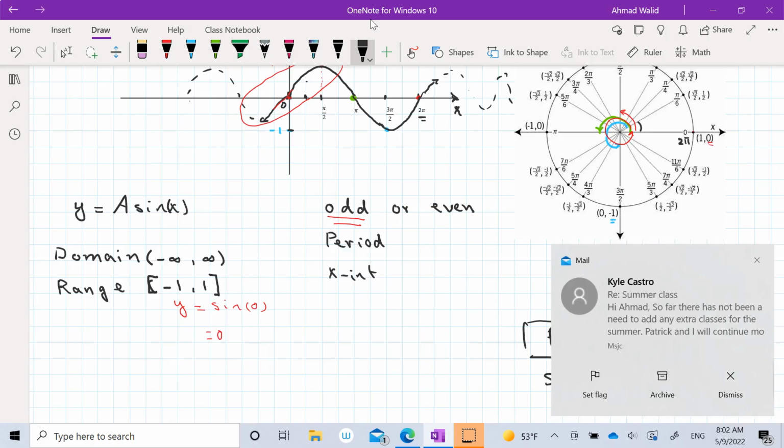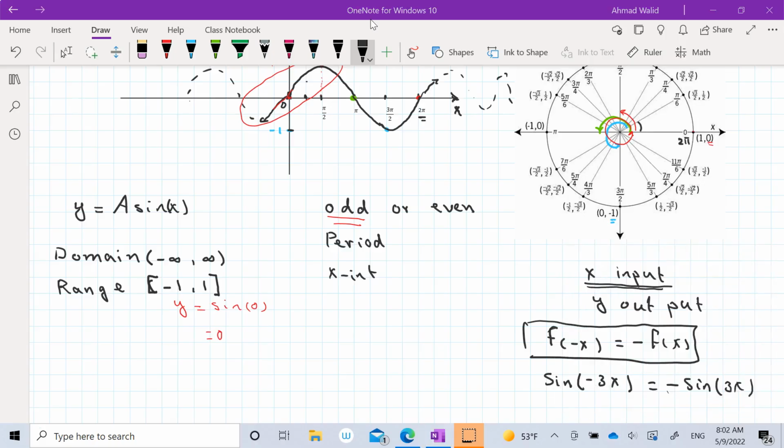They said, oh, we factor the negative. Please, we cannot factor the negative. The reason that we write sine of negative 3x equal to negative sine of 3x is because sine is an odd function, and this is the relation for odd functions.